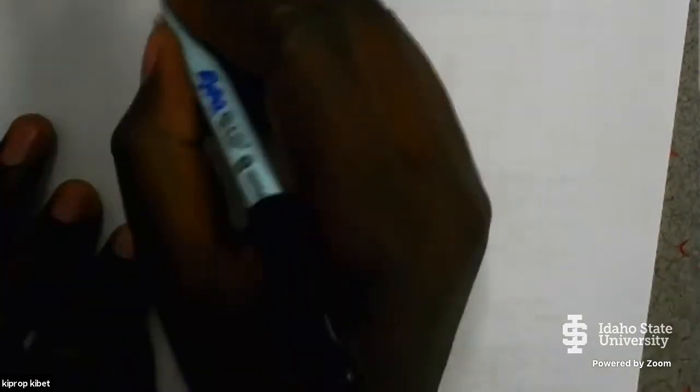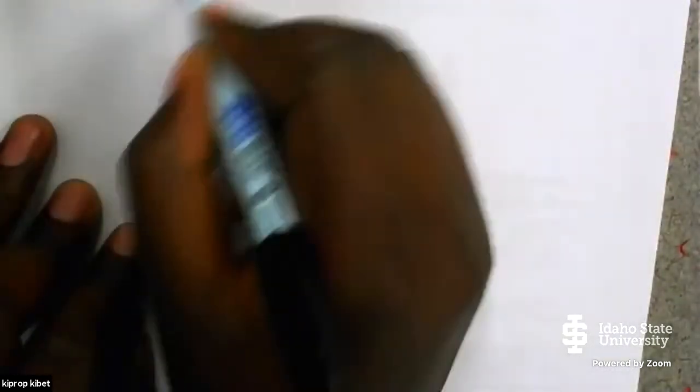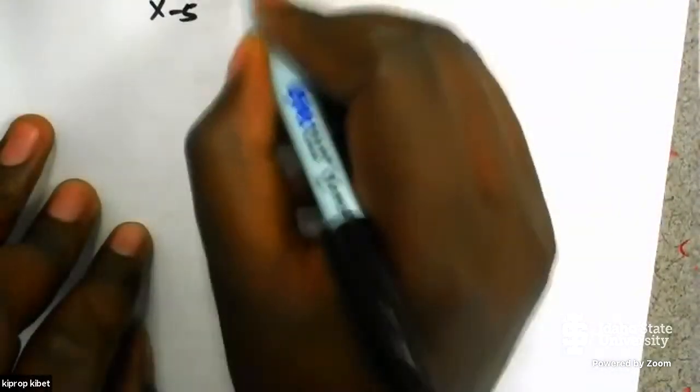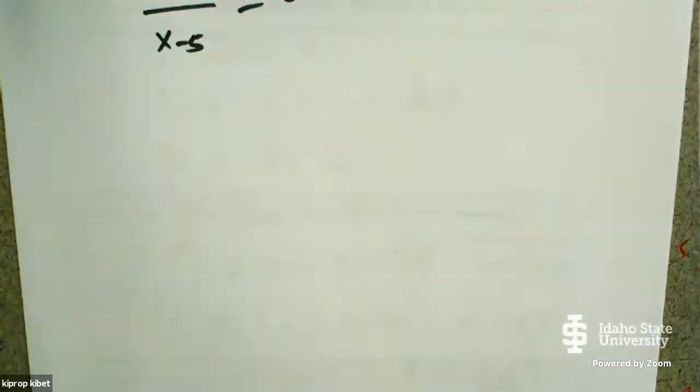Okay, so what is it then? Oh, well, we have 7 minutes. We can do this one in 7 minutes. So let's try this: x plus 6 all over x minus 5 greater or equal to 0. The first step is done for you.